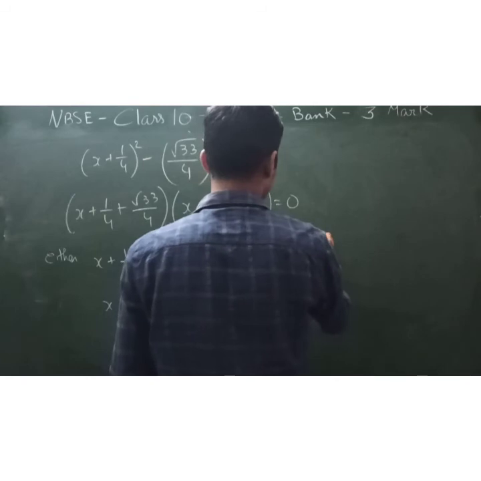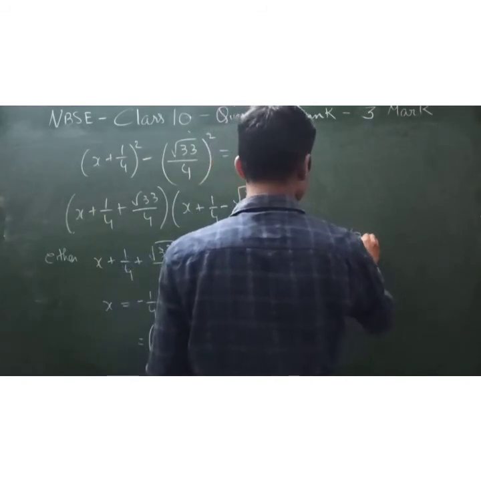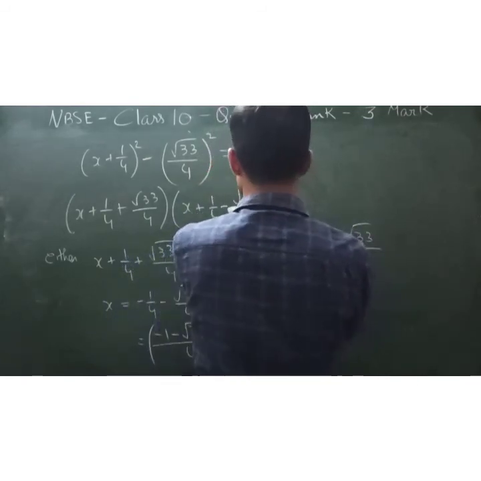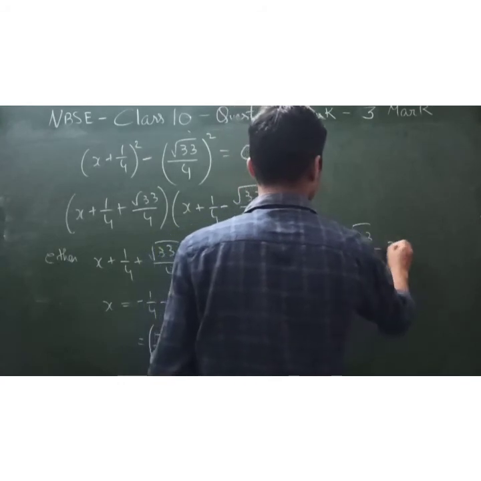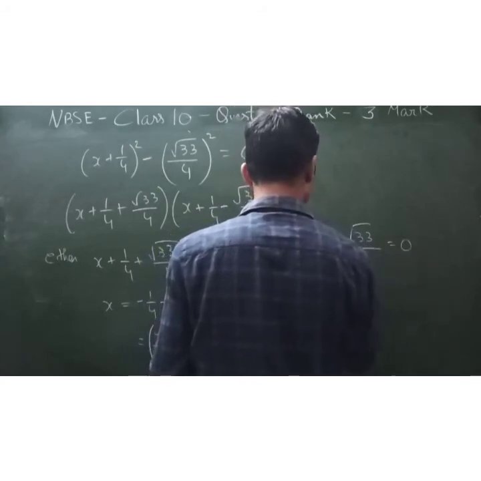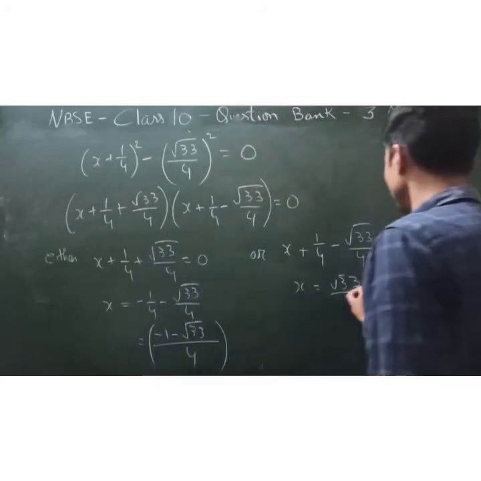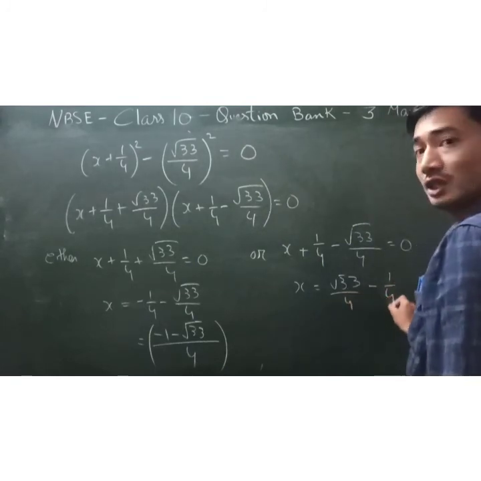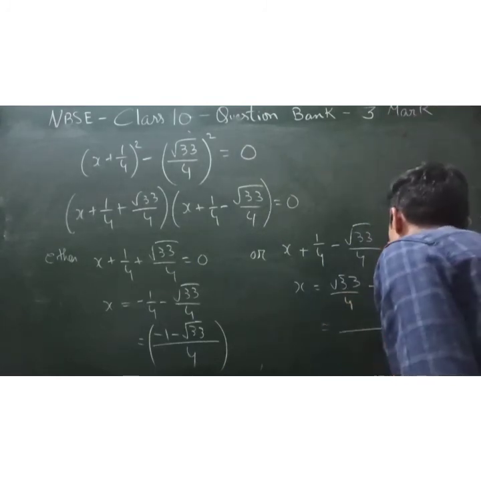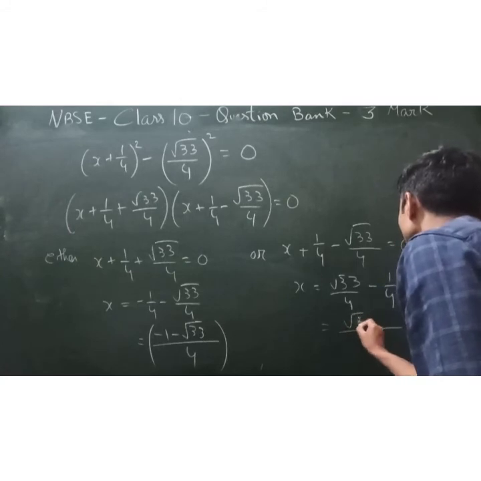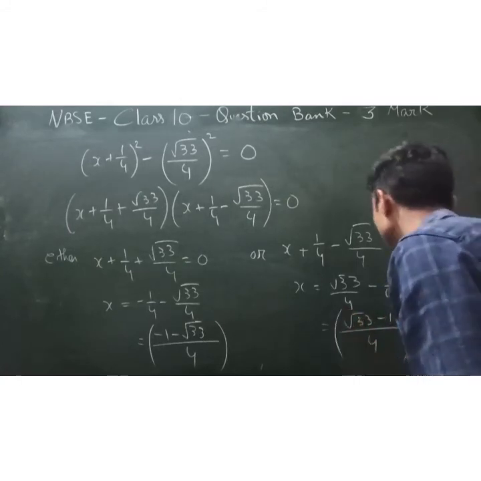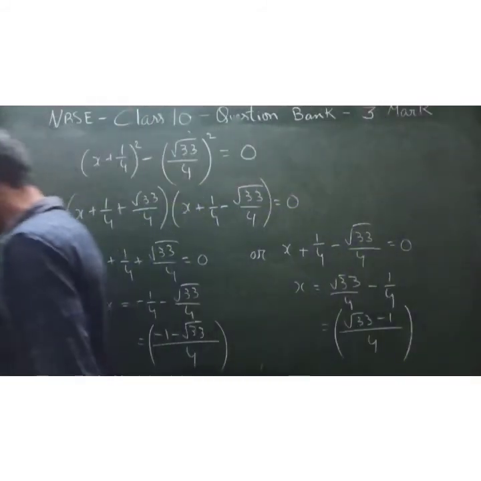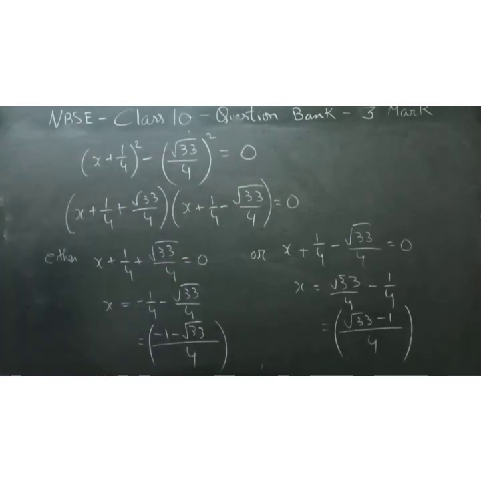Or x plus 1 by 4 minus root 33 by 4 is equal to 0, x equal to root 33 by 4 minus 1 by 4. So again, common LCM 4, root 33 minus 1 by 4. So this is the other root, or solution.